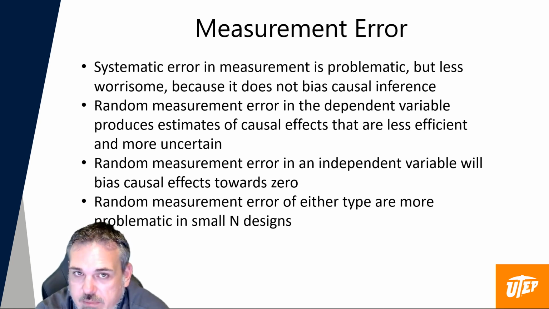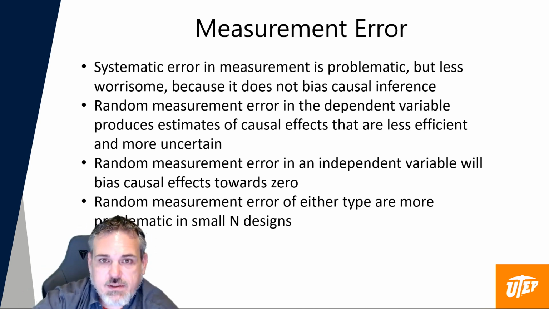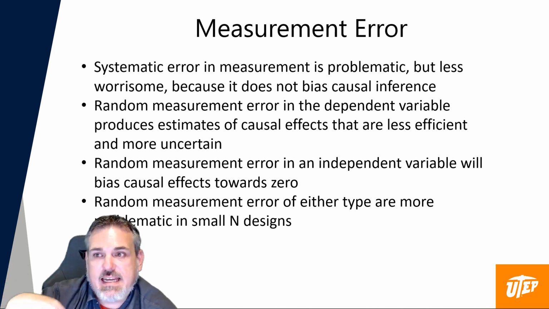So that random measurement error in the dependent variable will sort of mute any causal effects because the quantity we're trying to predict is measured inaccurately.